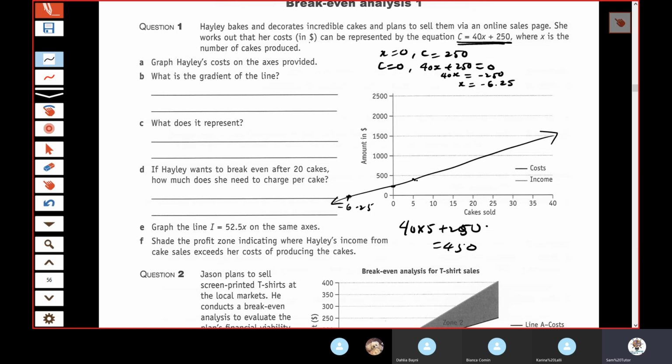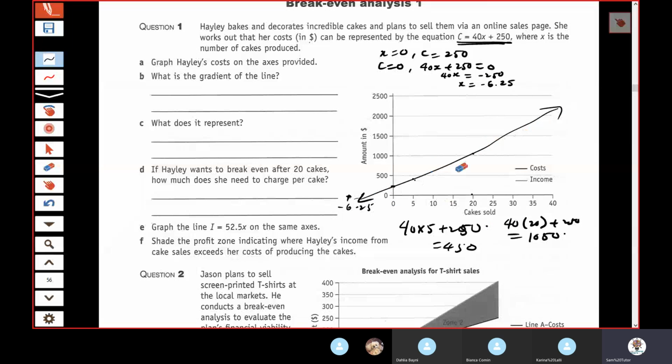At 5, that's not a bad guess. At x equals 20, you're going to get 40 times 20 plus 250, and I think you can see that's 800 plus 250 is 1050, so at 20, it should have just been over. It should have just been there. Not a bad guess though. Something like that. Anyway, we're okay with that. You could have done whatever method you would have liked.